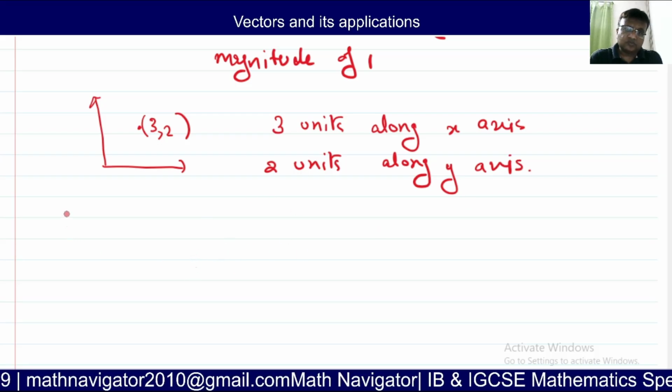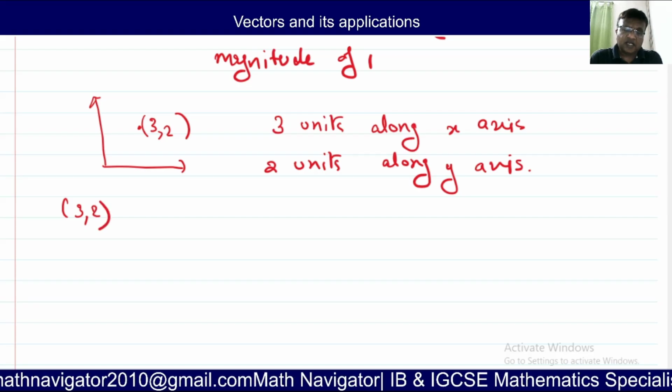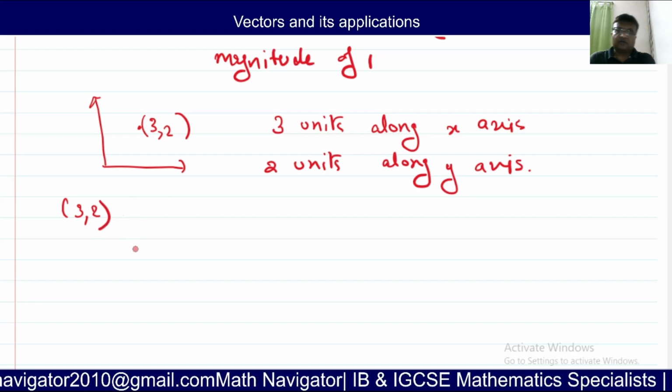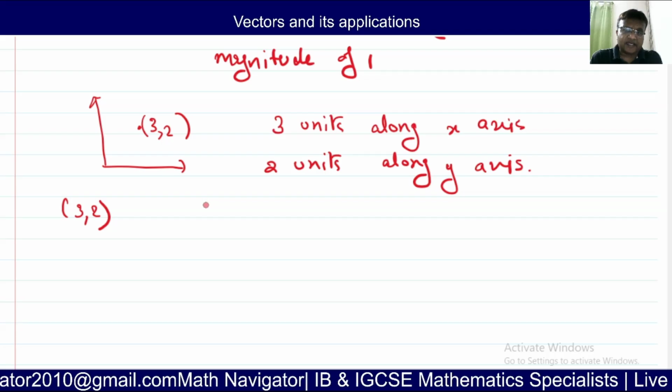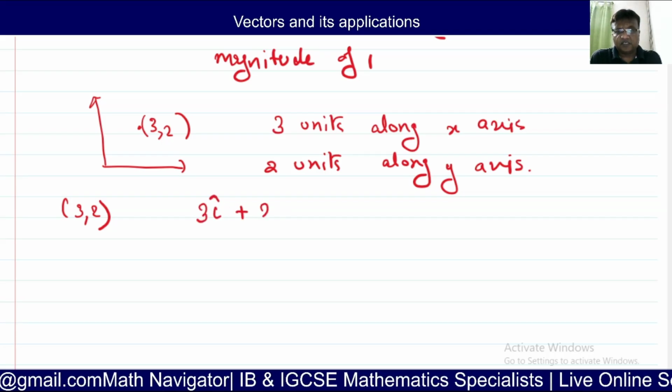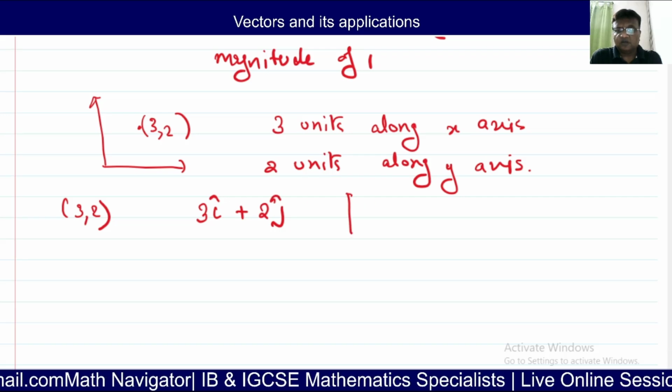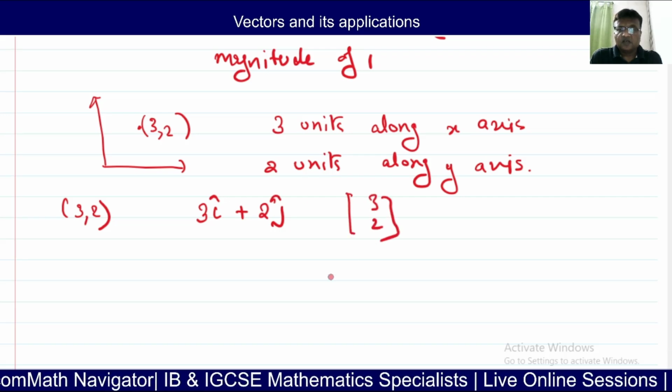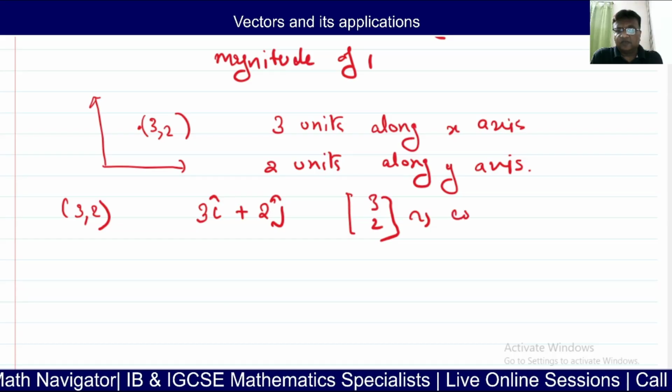So I can write it like (3, 2). This you have been doing since the lower classes. Now we can write it as 3i cap plus 2j cap or as a column vector.